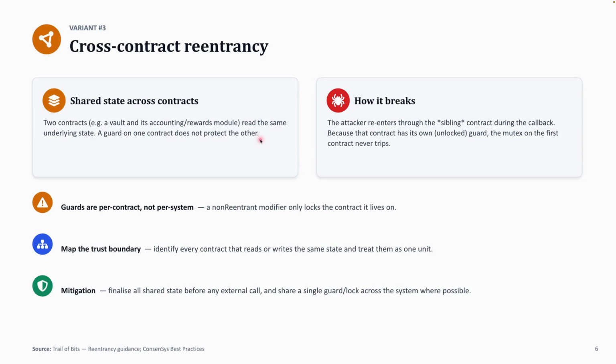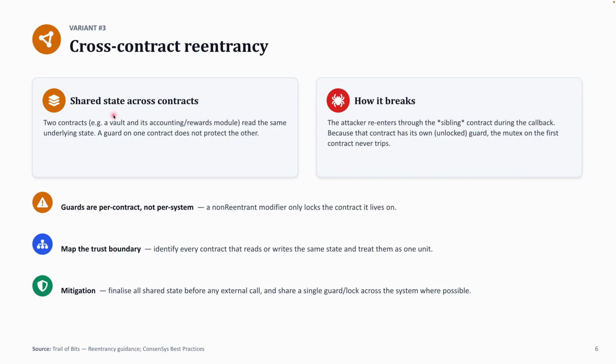How exactly does it break? The attacker re-enters through the sibling contract during the callback, because that contract has its own unlocked guard. The mutex on the first contract never trips. Again, mutex comes into the picture when we talk about reentrancy guard.